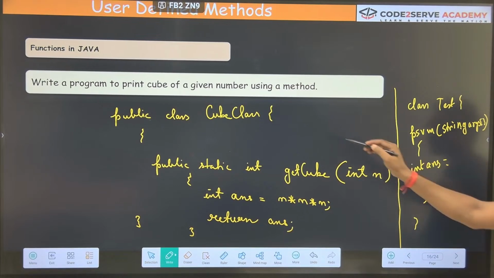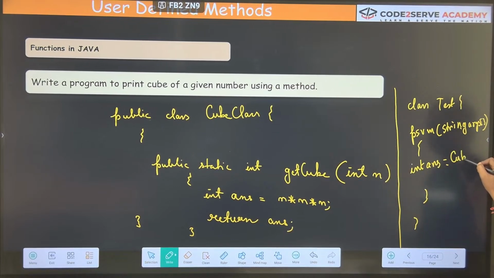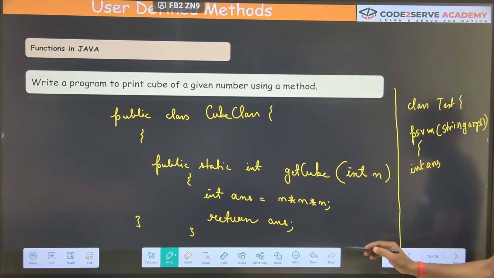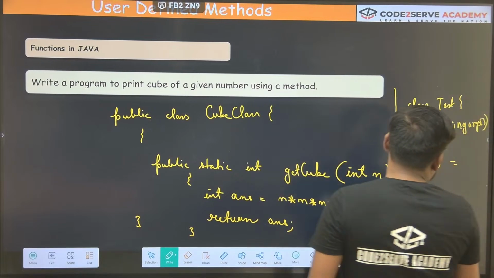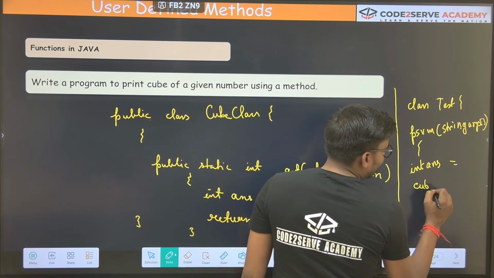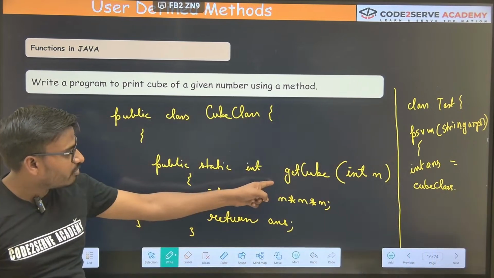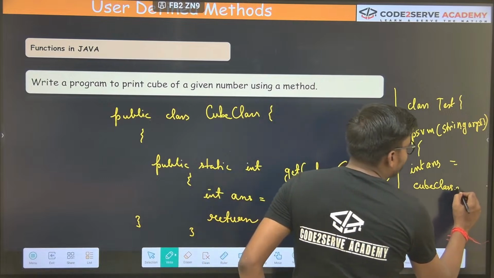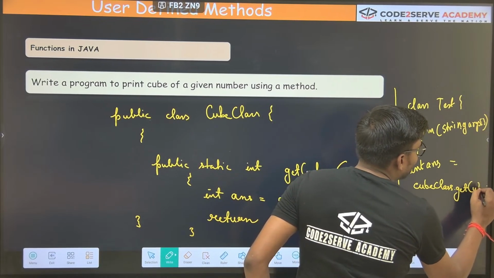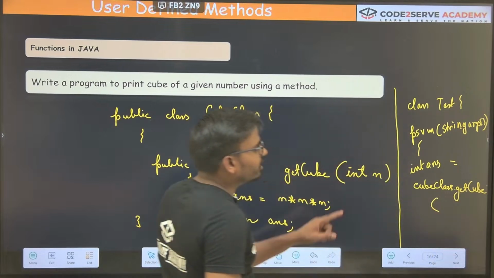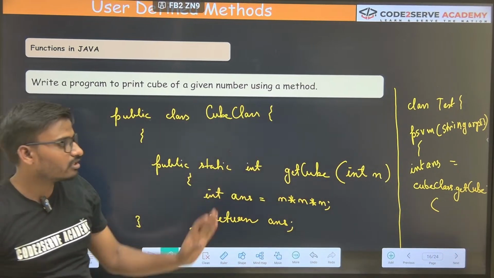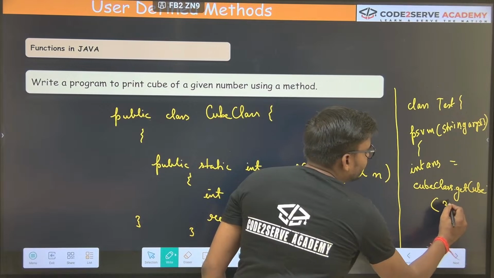And you will say ans equals Cube class dot, what is the method name? getCube, and inside this getCube we need to pass one number. Suppose we want to find the cube of 3.